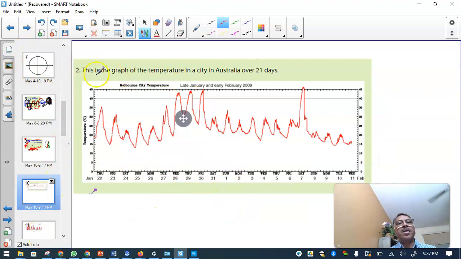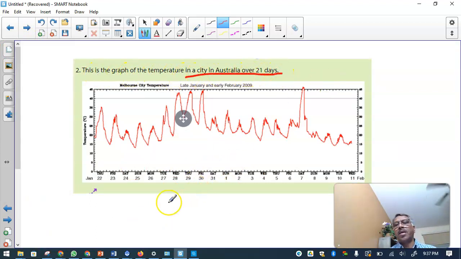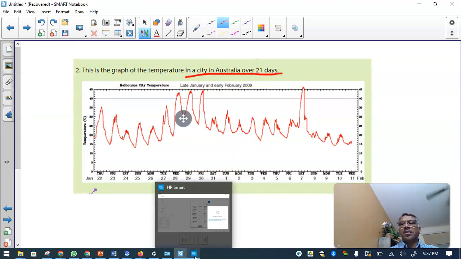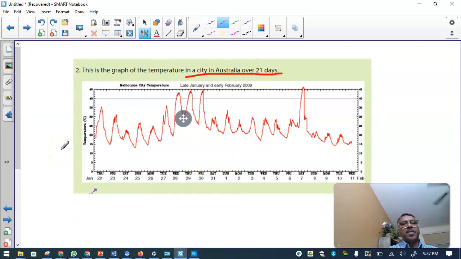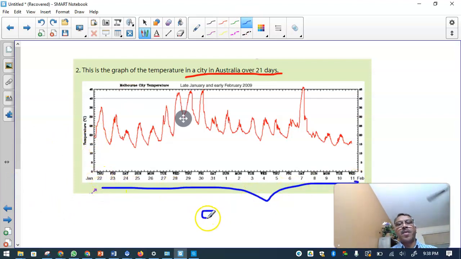You can see this is the graph of the temperature in a city over 21 days. Within these 21 days, these are the days passed. So this is the independent variable. Remember, this is the days, and the temperature depends on the days.